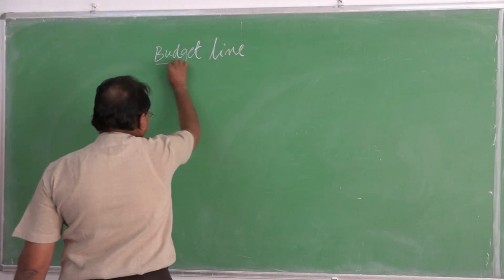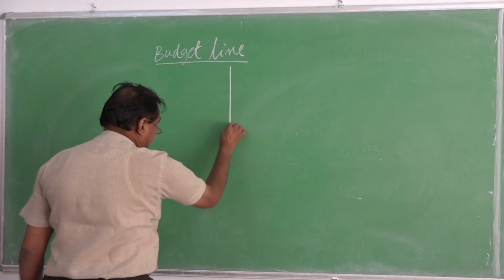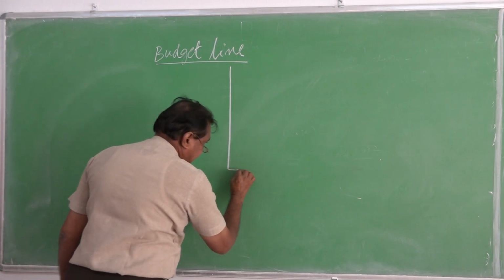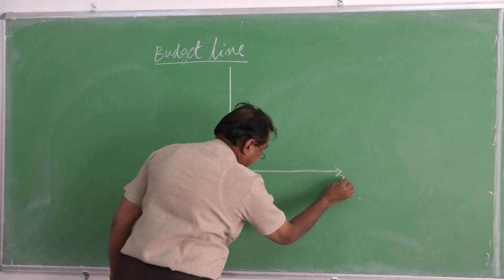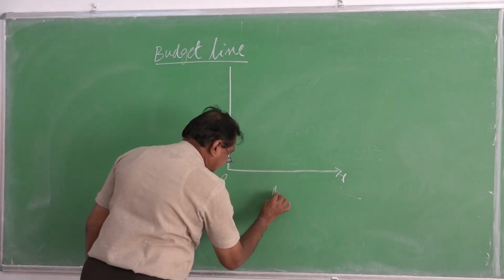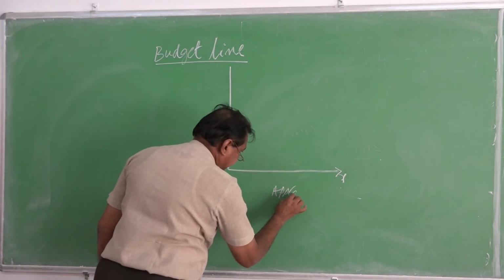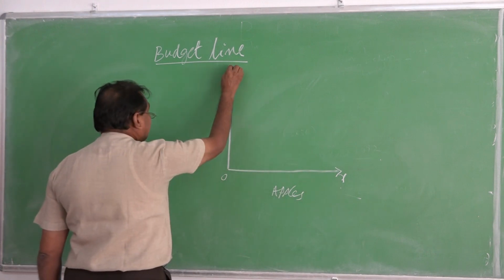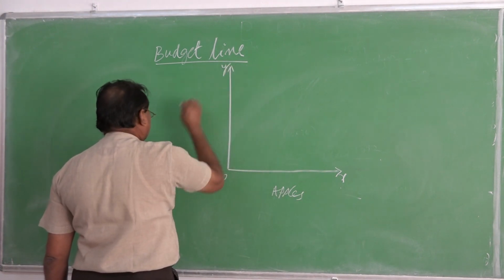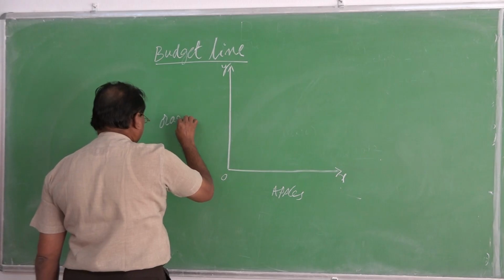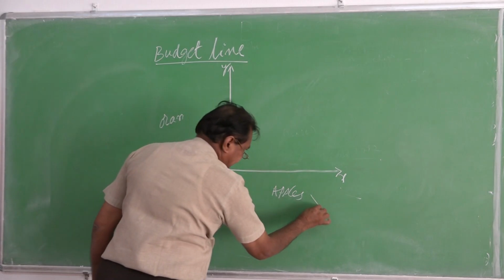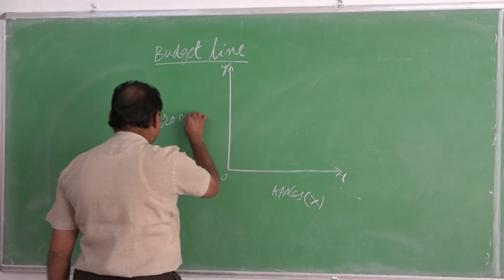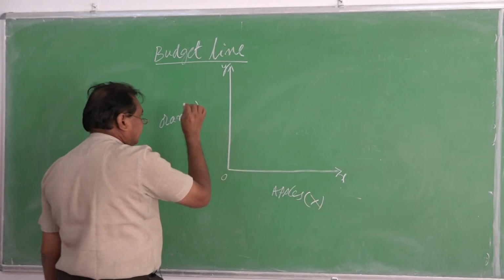Budget line. First the origin O, the y-axis and the x-axis. We are taking apples on the x-axis and oranges on the y-axis.